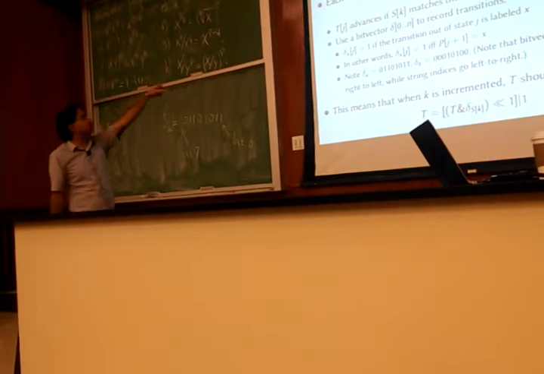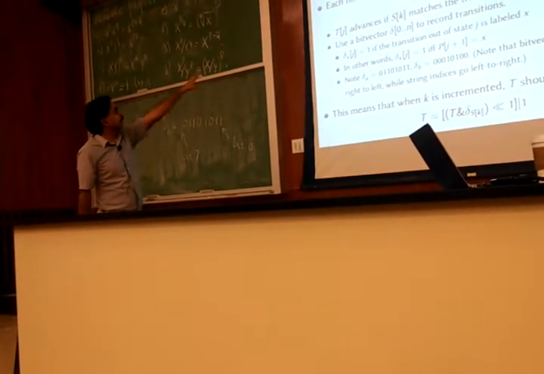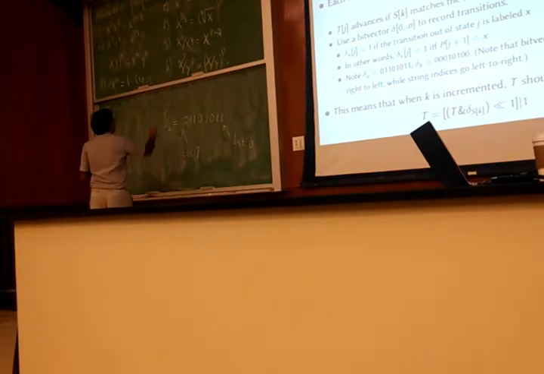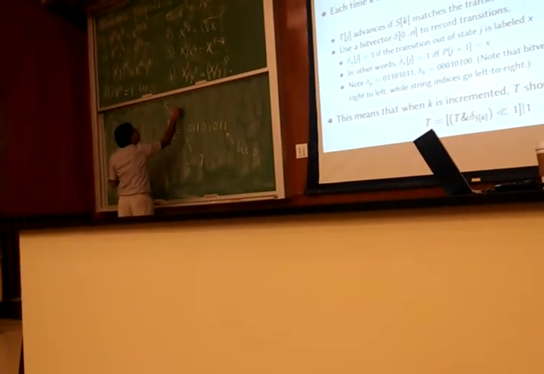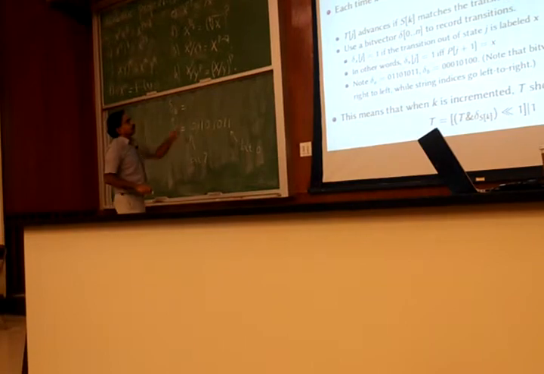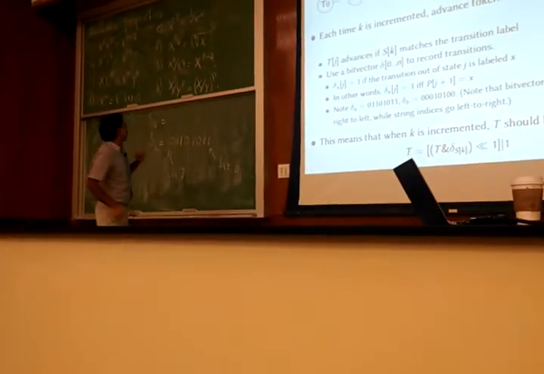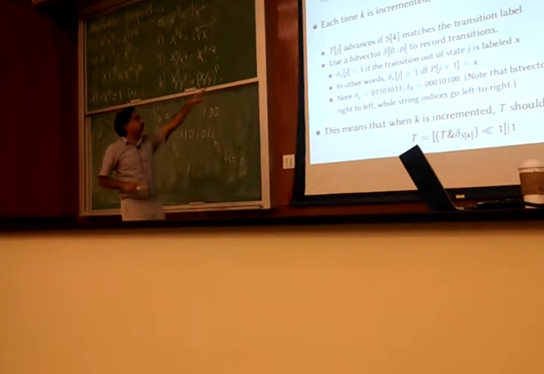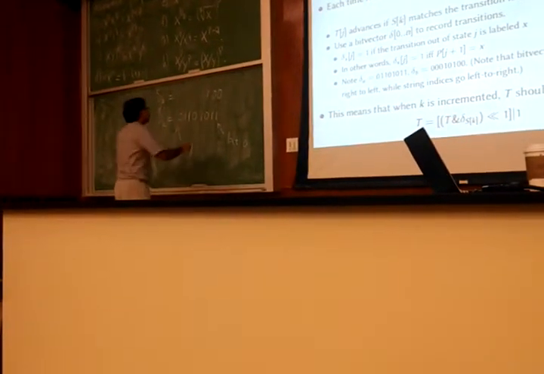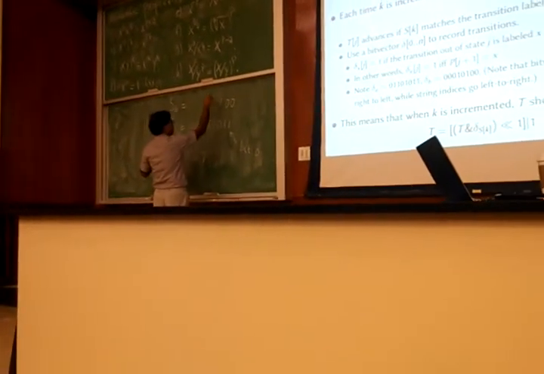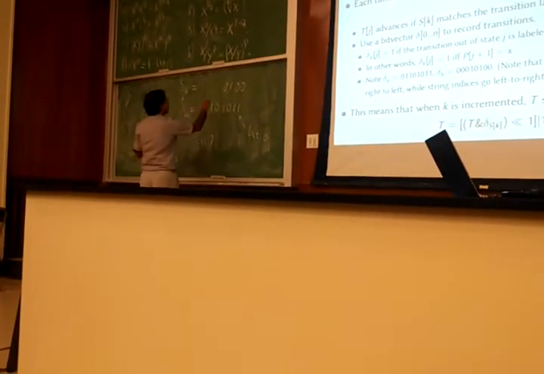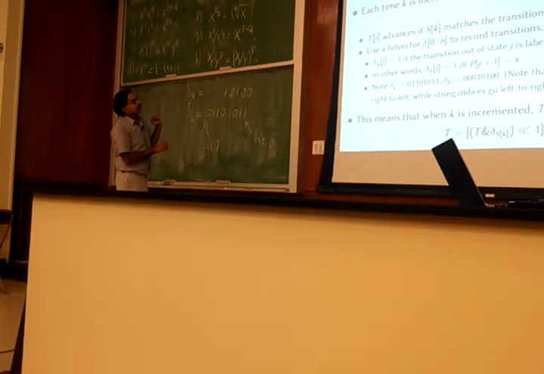You do the same for B, and you get delta B. The first two positions don't have a match, so 0, 0. Then there's 1, and then there's 0, because the next position is an A, and then we have a 1.